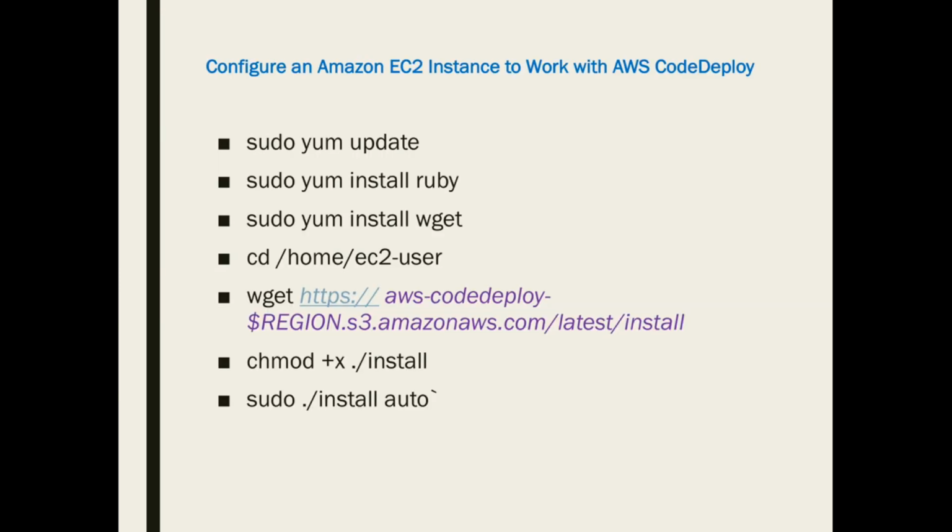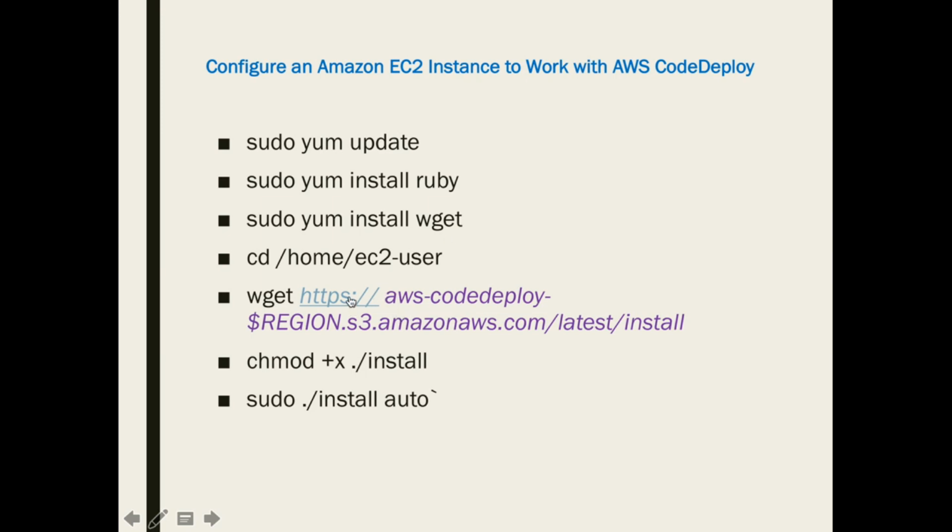Okay, so configure an Amazon EC2 instance to work with CodeDeploy. Before you use this service, you need to ensure the following steps are followed on the EC2 instance so that it can talk to the Amazon CodeDeploy service. Just do a yum update to ensure your instance is up to date, install Ruby, and install the wget package.